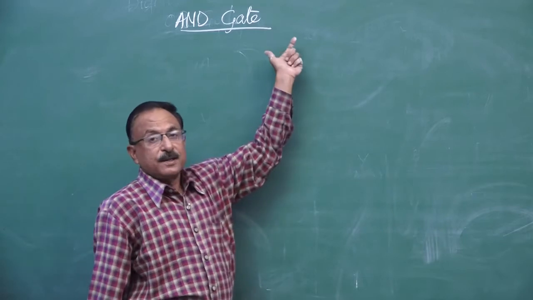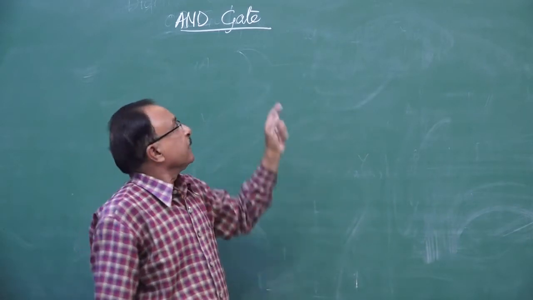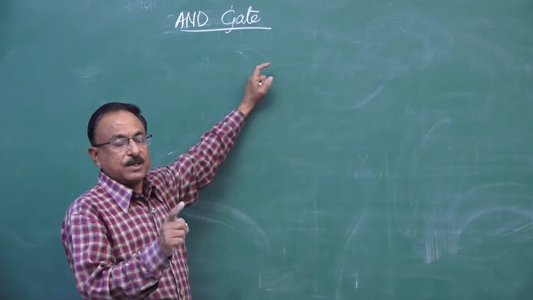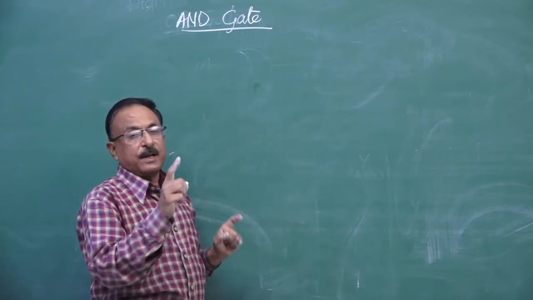Our next gate is the AND gate. It is another basic gate. This gate gives the output when A and B are at high value. It has got 2 inputs and 1 output.